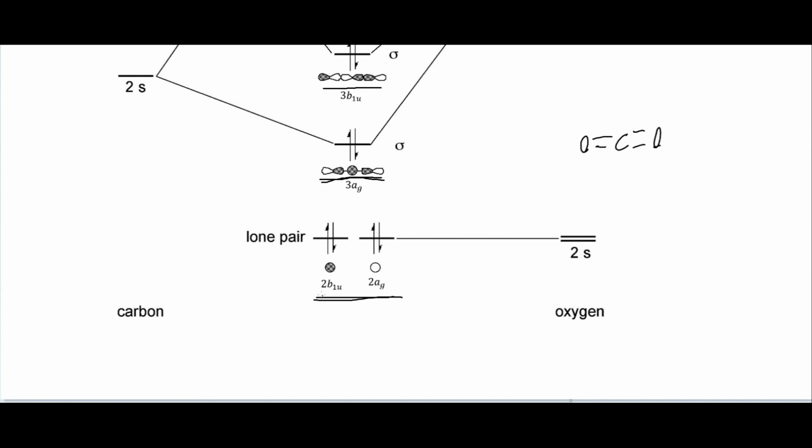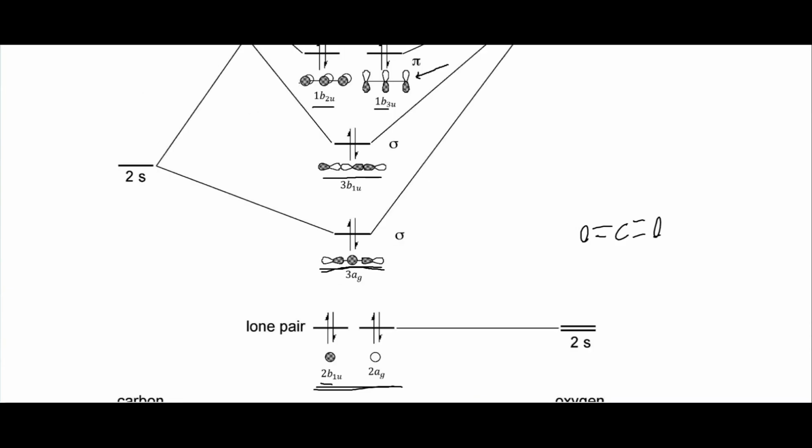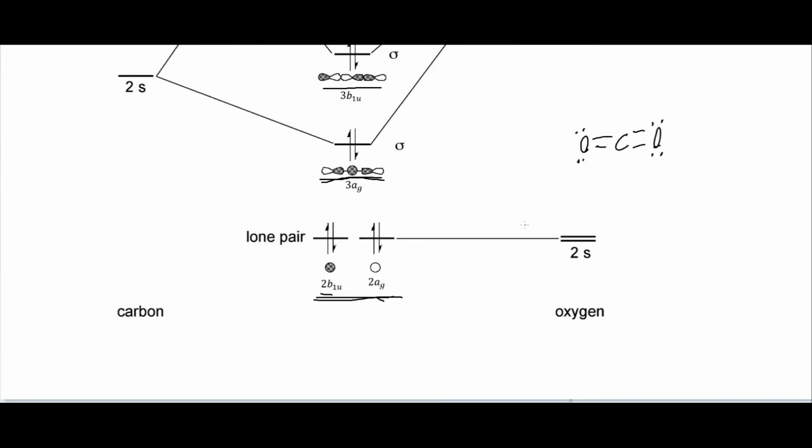So we could think of 1 lone pair from here and 1 lone pair from above up here being on this oxygen, then 1 lone pair from here, and then this other lone pair up here being on this oxygen right here. And so we again are able to recapitulate our Lewis dot structure.